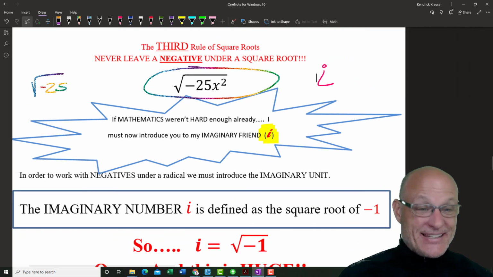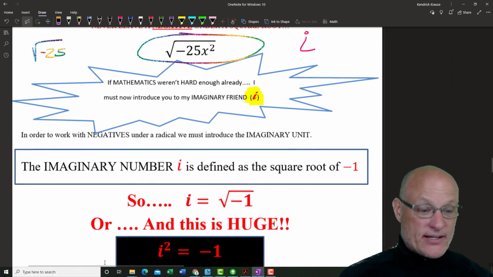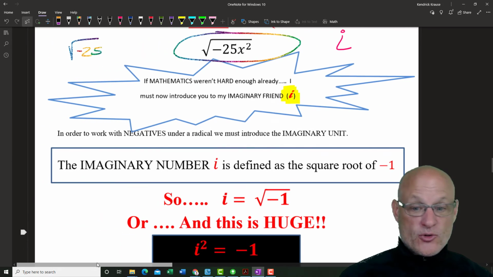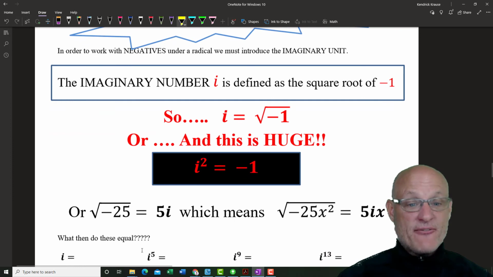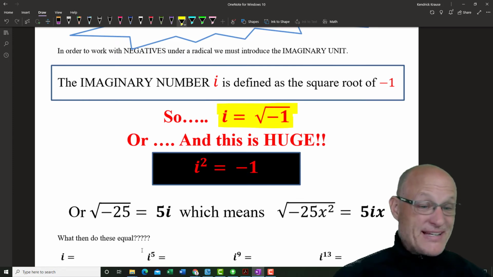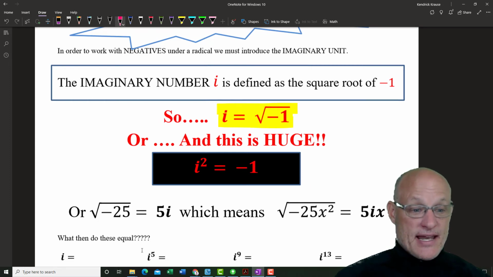So i is defined in mathematics as the square root of negative 1. So this is the definition of i. i is equal to the square root of negative 1. Now, one of the biggest things you're going to have to remember when dealing with i is that i squared is equal to negative 1.